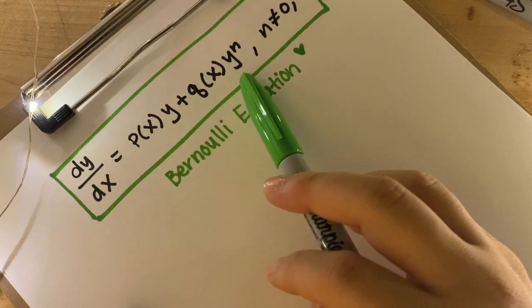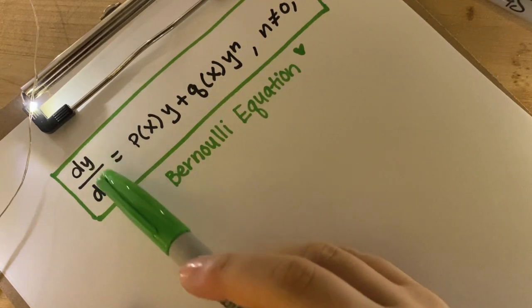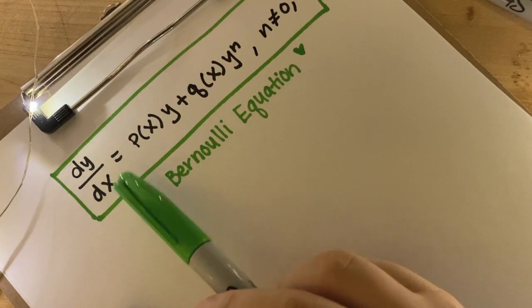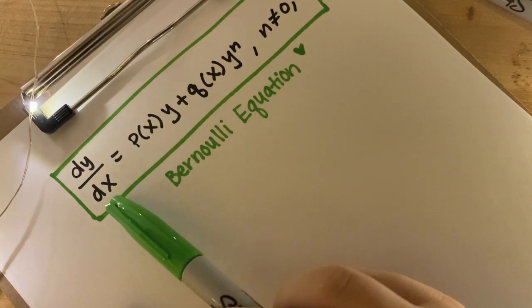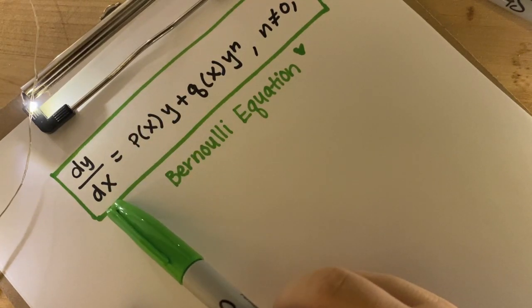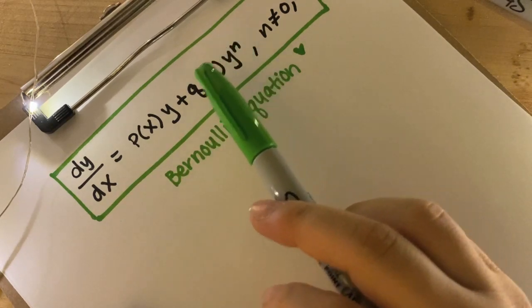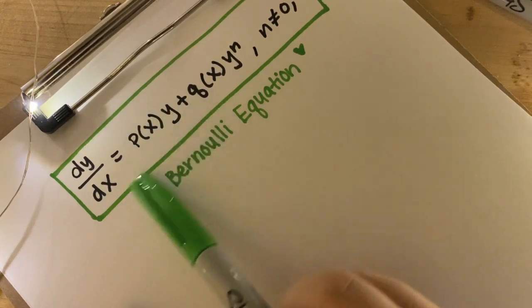But for example, you might see y prime instead of dy dx, as long as you are clear with the original. When you use primes, you're using the derivative with respect to your original variable, so just make sure you know what variable that is, as long as you're consistent. And also you might see this part with the y on this side.